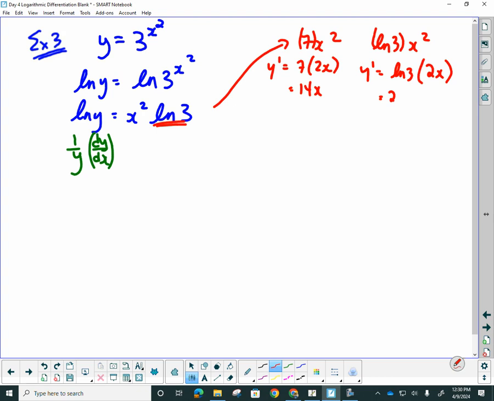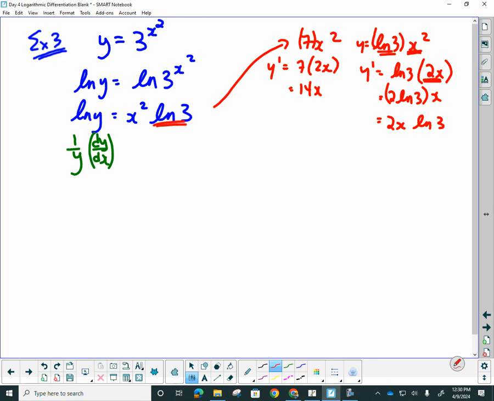So it's 2 times ln 3 brings it out front, and then times x. You might actually see it better if we just bring this whole thing out front and go 2x ln 3. So that is the derivative of ln 3 x squared.